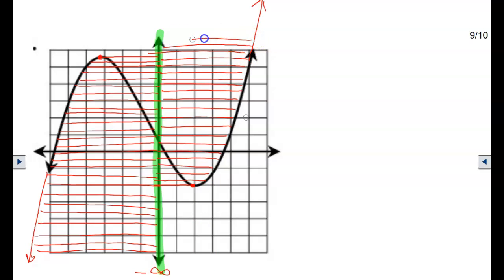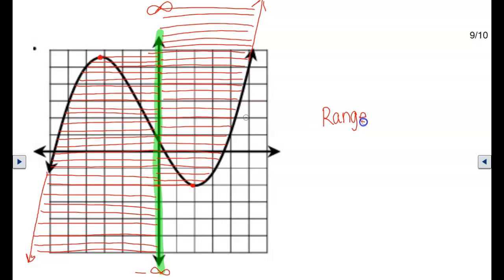So I'm going to be able to keep going up as well, matching those points up with the y-axis. And I'm going to be able to do that forever. So for the range on this one, I can keep tracing points in the downward direction forever and in the up direction forever. So this one would also have a range of negative infinity to infinity.